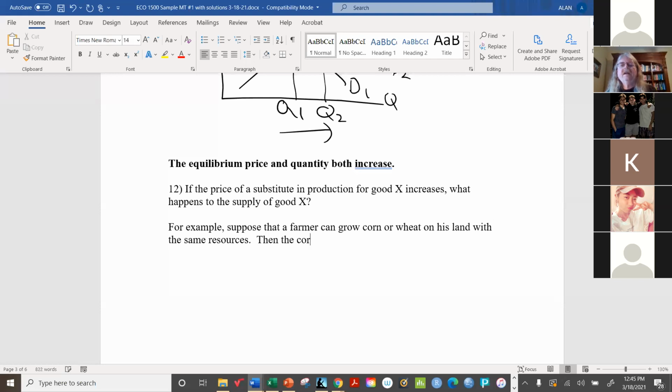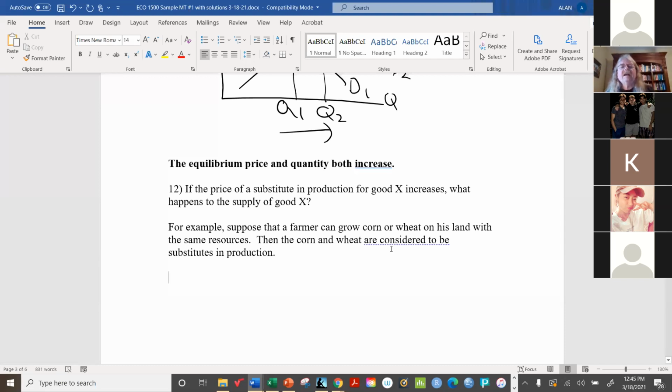Then the corn and wheat are considered to be substitutes in production in the sense that you can replace one with the other. If corn suddenly becomes more expensive, you might want to grow less wheat so that you can grow more corn. So therefore, we have to think about it in those terms.